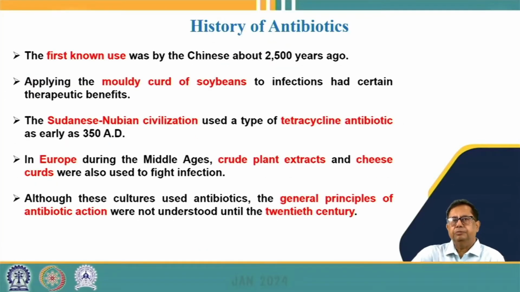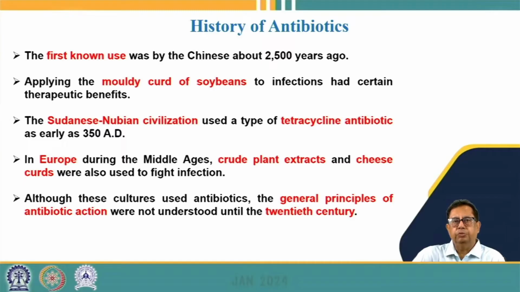Antibiotics were first used by the Chinese around 2500 years ago, and they applied them in the form of moldy curd of soya beans so that infected parts could be treated easily, and they found that it had a lot of medicinal as well as therapeutic benefits.